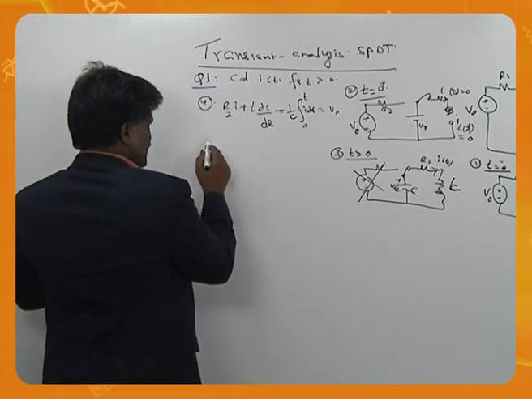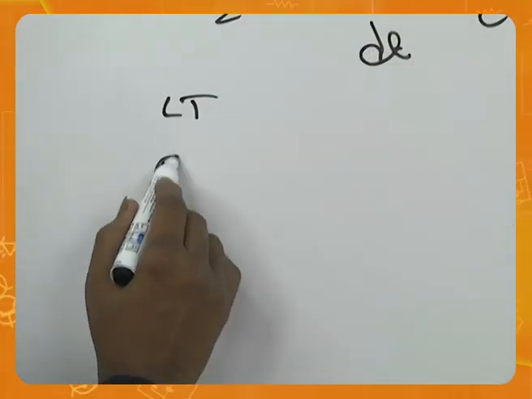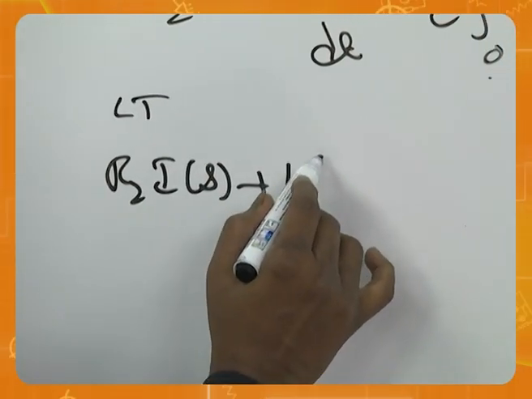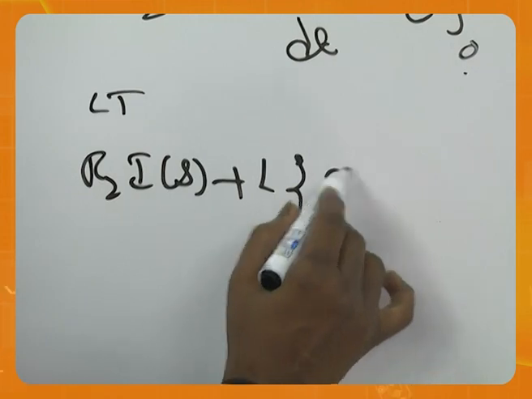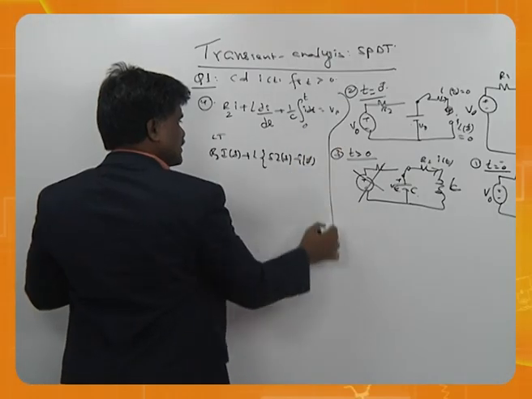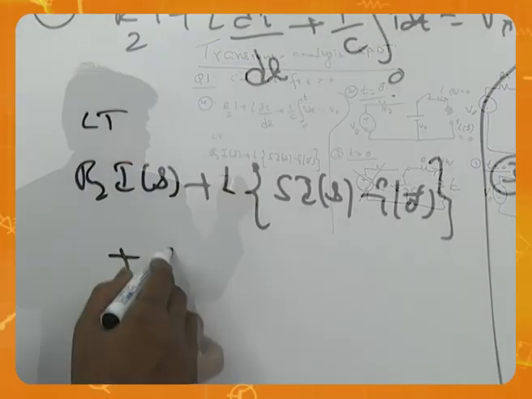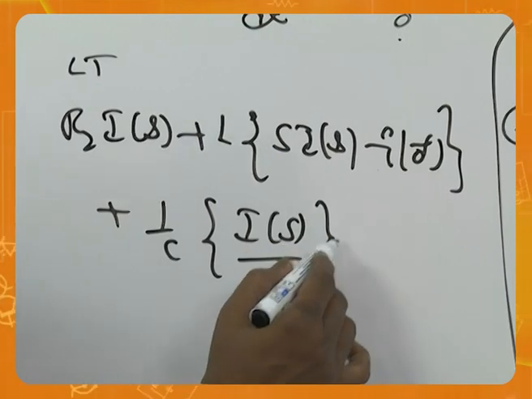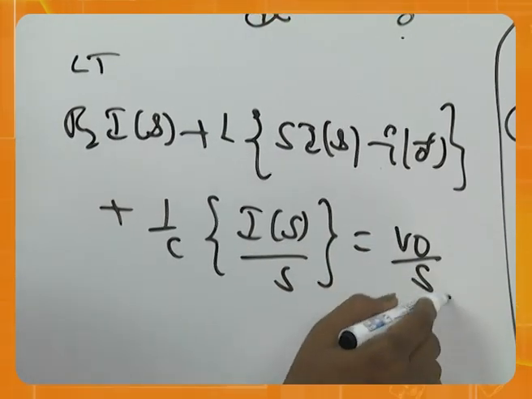So, what to do now? You should take the Laplace transform. R2 into I of s, plus L times s into I of s minus i of 0 plus, plus 1 over C times I of s by s is equal to V naught by s.